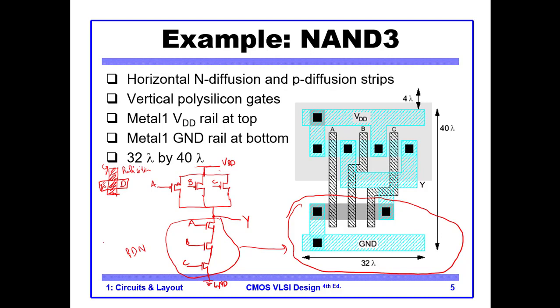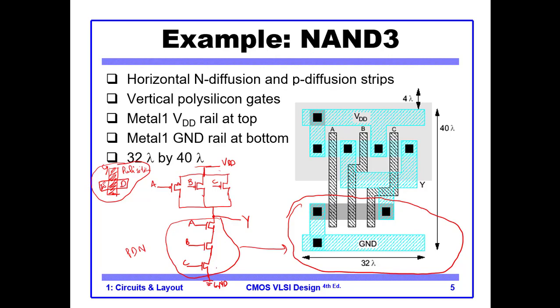This is the same for NMOS and for PMOS. They both look like this in the layout view. Keeping in mind that concept, we see that here is our transistor A.